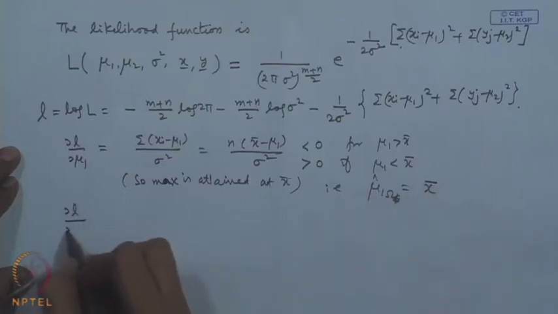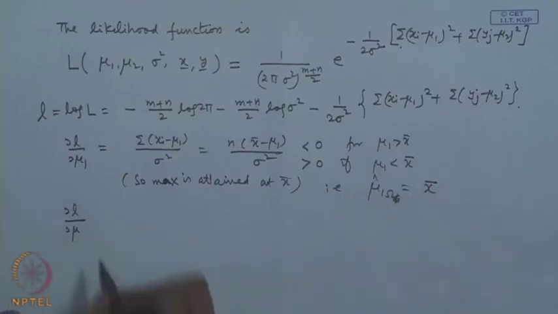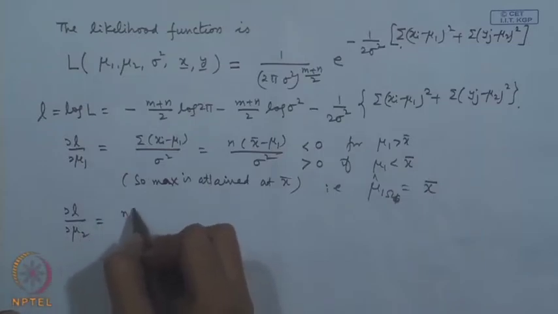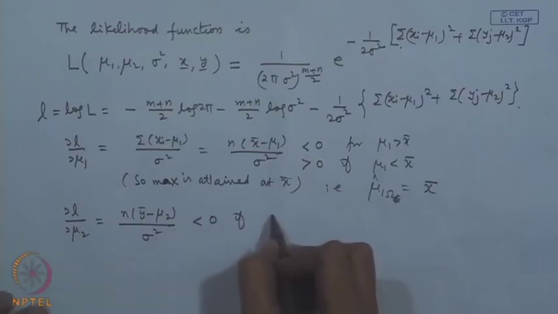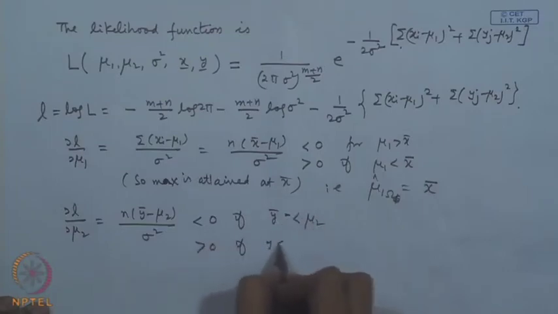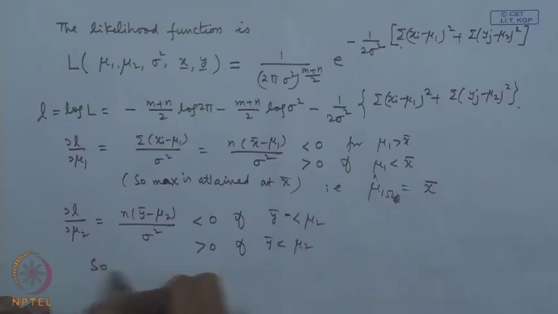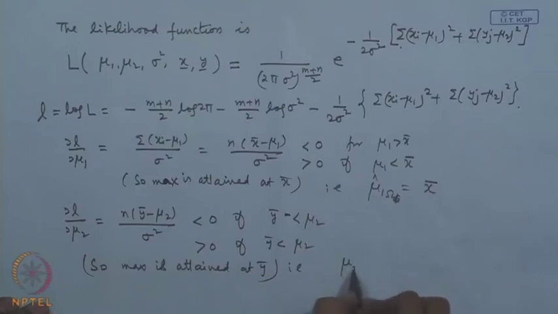Similarly, del l by del mu2 is equal to n(y bar minus mu2) by sigma square, that is less than 0 if y bar is less than mu2, and greater than 0 if y bar is greater than mu2. So, the maximum is attained at y bar, that is mu2 hat omega is equal to y bar.